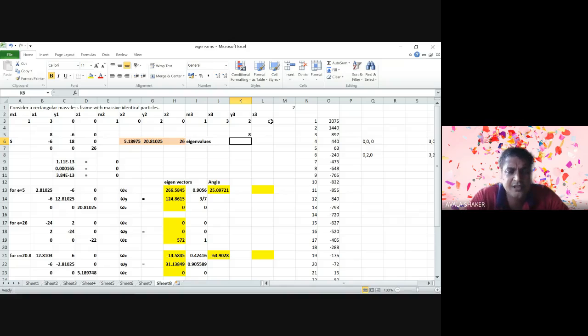Hope everything is right. So this is how you calculate this element.